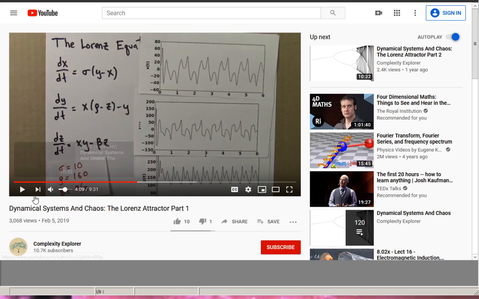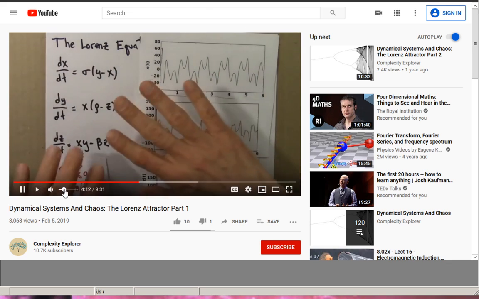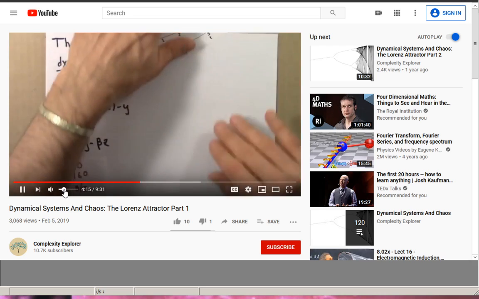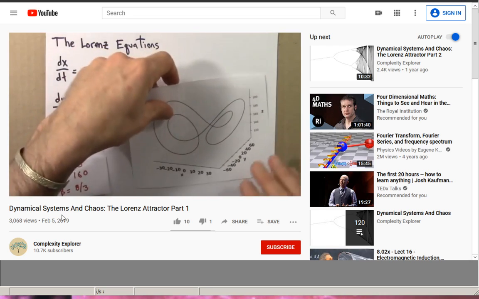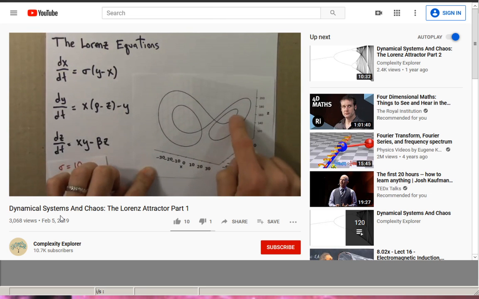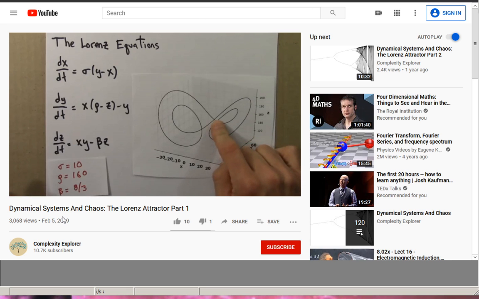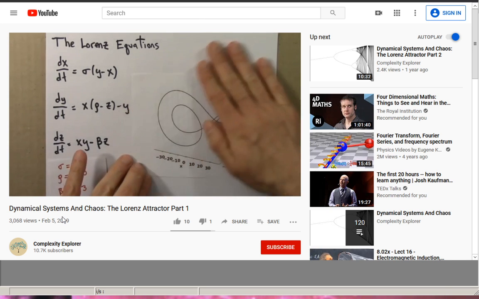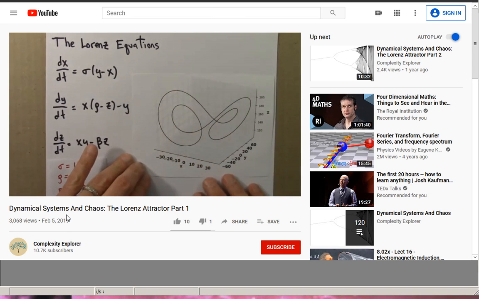Anyway, if we plot this in 3 dimensions, X, Y, and Z, we got the following shape. So the trajectory sort of winds through 3D space. And the key thing is that it looks like the lines are crossing, but they're not really, because this is a two-dimensional representation of a three-dimensional object.